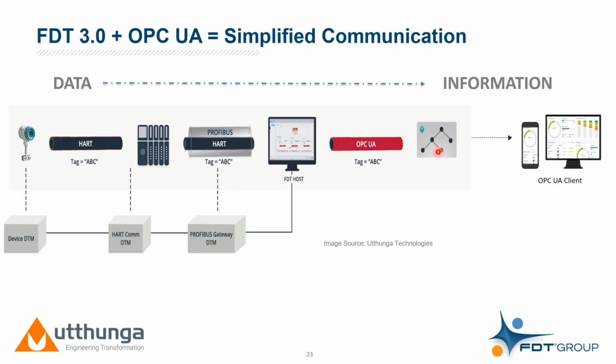For example, all the parameterization information can be grouped as a functional group, and all the device identification information can be categorized as a device identification functional group. So when the OPC UA client reads data from these devices, it is not just a flat list of data, but has more meaningful structure. That's how FDT 3 and OPC UA bring this capability to the field.